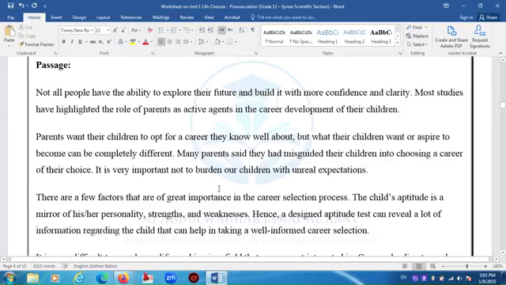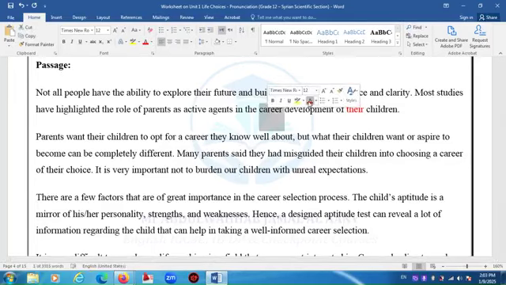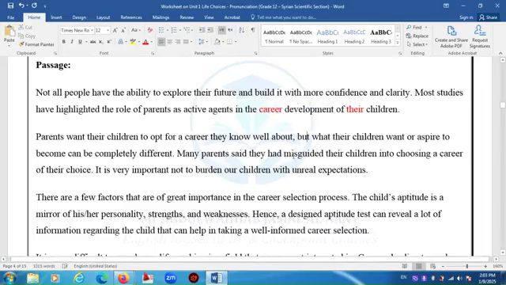For example, I have the word there, okay? I will try to make it in red. I have the word career. I have the word aptitude. Aptitude is important.